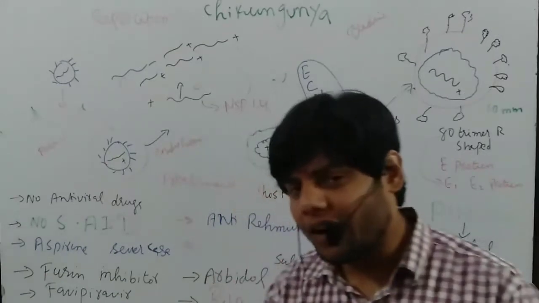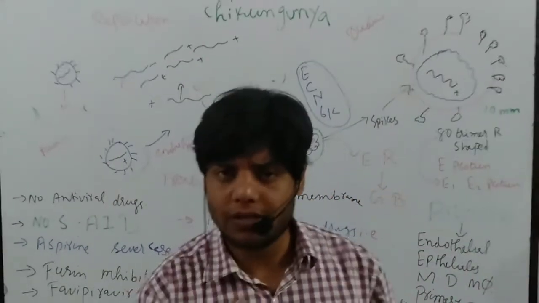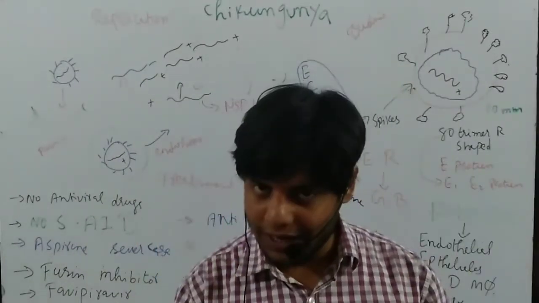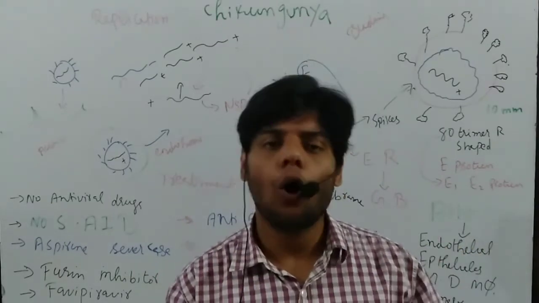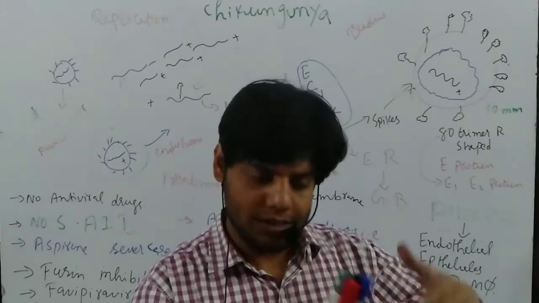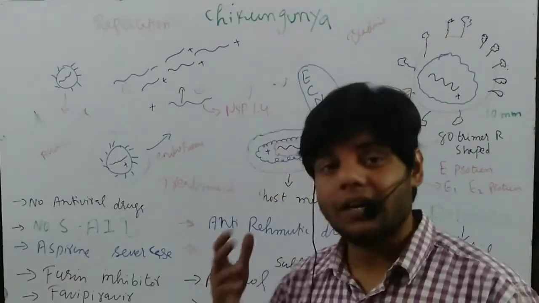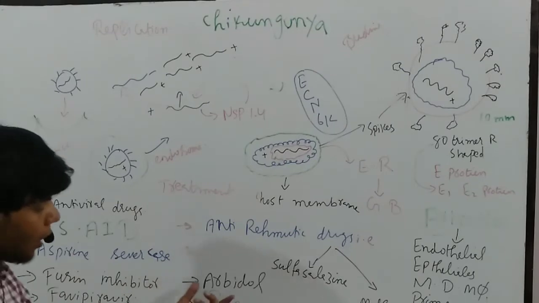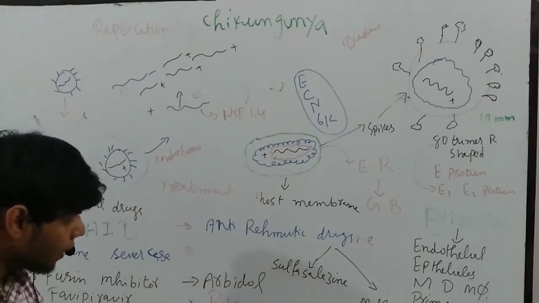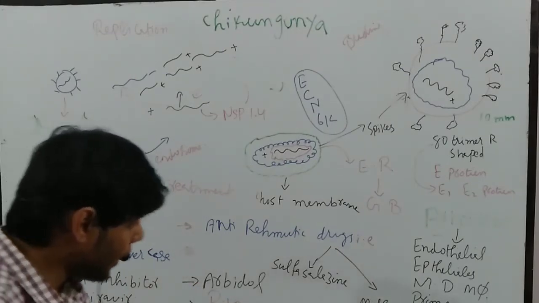Then what kind of drugs should we provide? We should provide those drugs which can just reduce the signs and symptoms, relieve the pain, or address those signs and symptoms in which the patient doesn't feel well. So we usually give furin inhibitor drugs, favipiravir, arbidol, ribavirin, and interferon alpha.